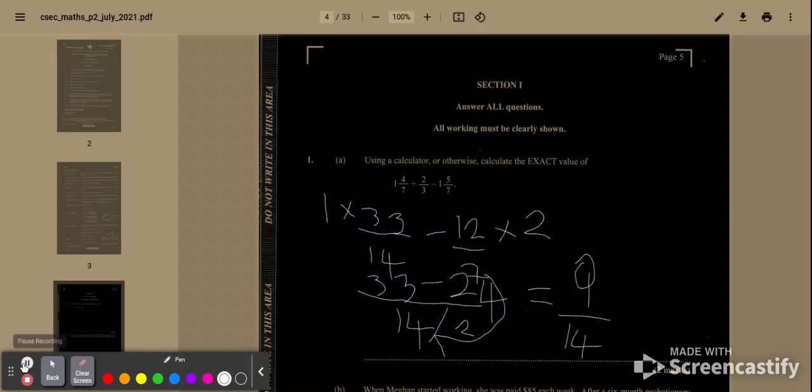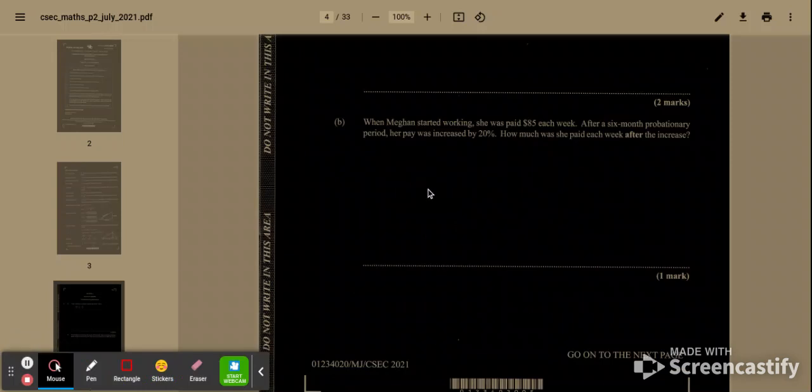Let's move on. This question states that when Megan started working, she was paid $85 each week. After a 6-month probationary period, her pay was increased by 20%. How much was she paid each week after the increase? So we need to find 20% of $85.